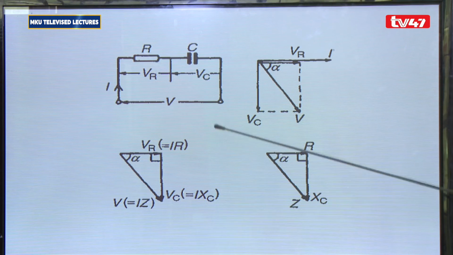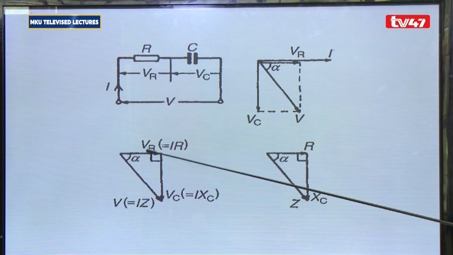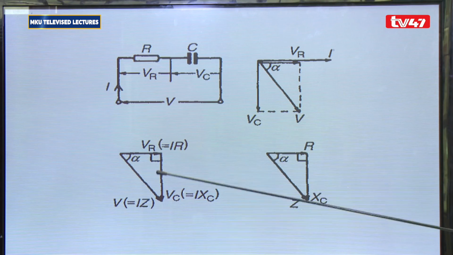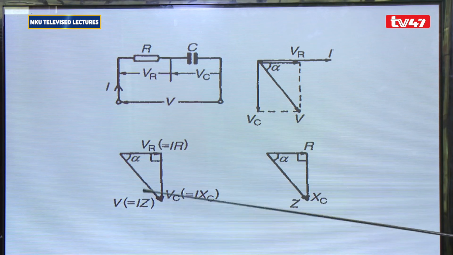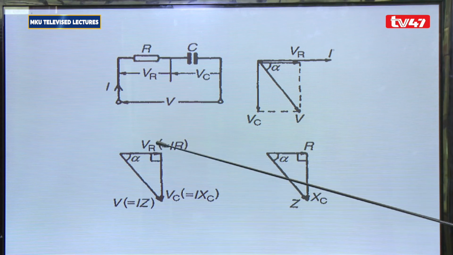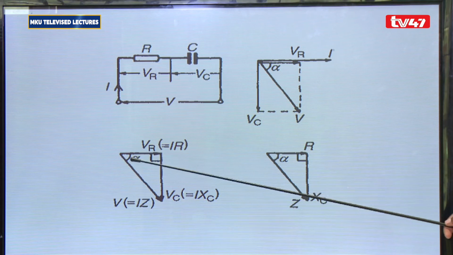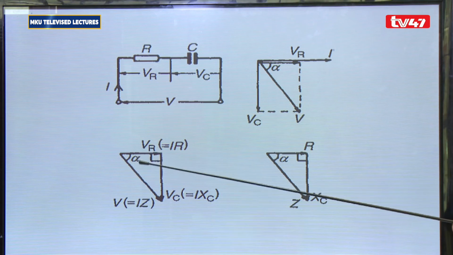As you can see from this diagram here, the value of VR is going to be given by IR. So VR and V across the capacitor dictate the value of this angle which is given here.